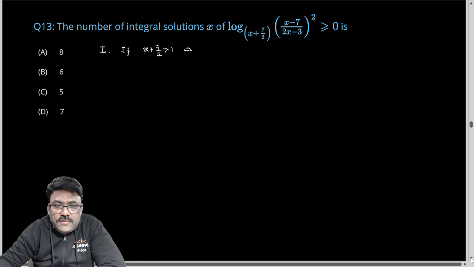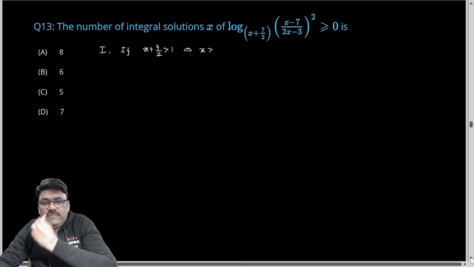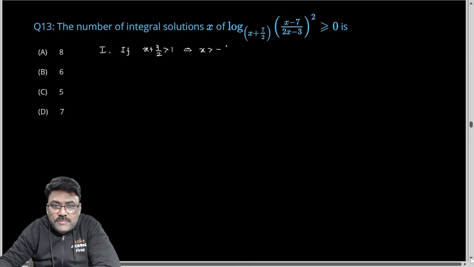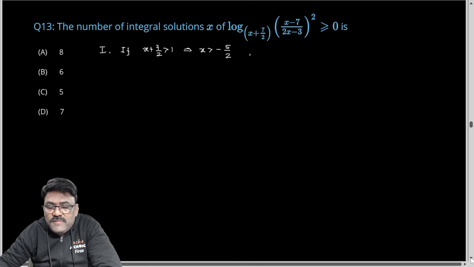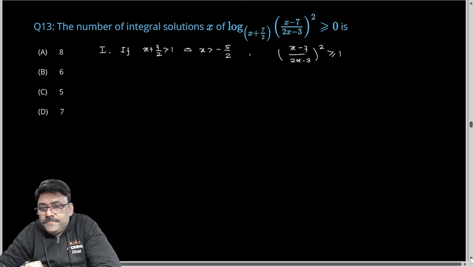Means I am taking x greater than 7 by 2 minus 1, which is 5 by 2. So I am taking x greater than minus 5 by 2. In this case, since base is greater than 1, when you remove log, inequality will remain as it is. So (x minus 7) over (2x minus 3) whole square is greater than or equal to 1.